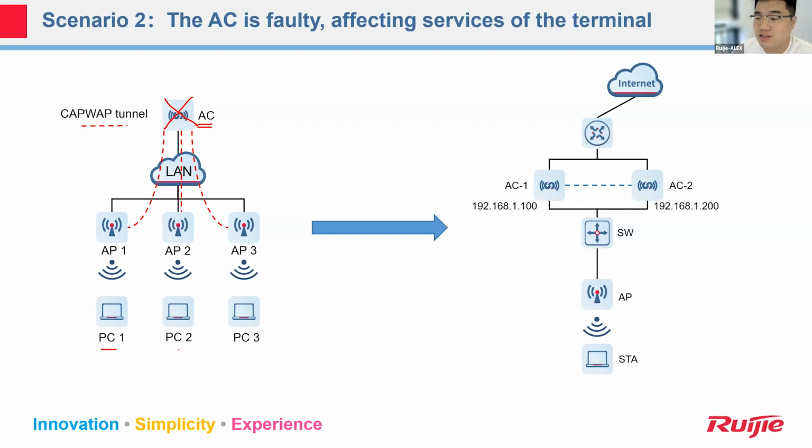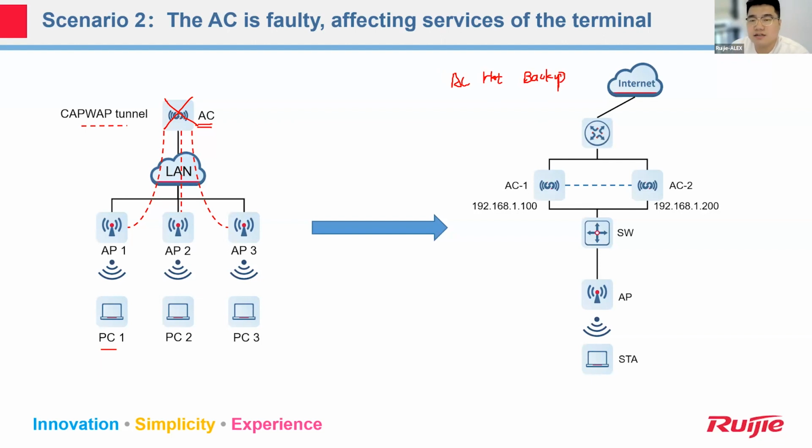The service is interrupted. So to avoid this kind of fault in the network, or in other words, to improve the reliability of the WLAN, what we can use is AC hot backup.